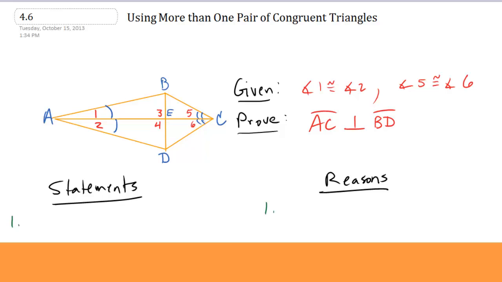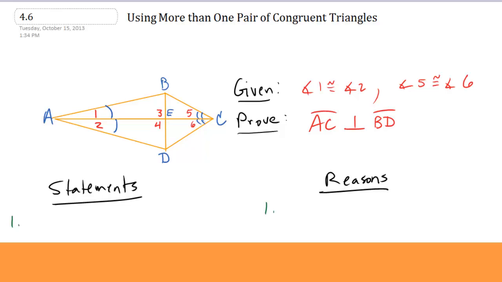Okay, well, they are both angles of the triangles ABE and ADE, where E is that little point in the middle there. So if I can show that triangle ABE is congruent to triangle ADE, then I'll have angle 3 corresponding with angle 4, and corresponding parts of congruent triangles are congruent. So now my goal is to prove that triangle ABE is congruent to triangle ADE.